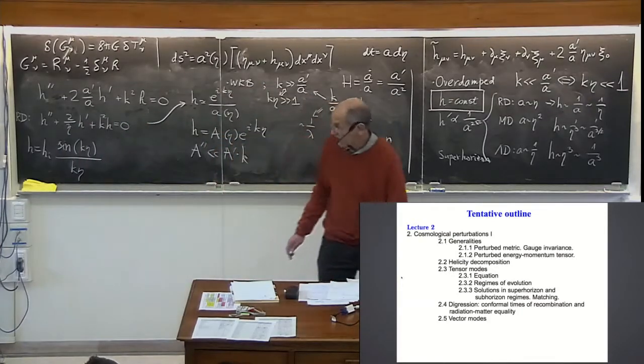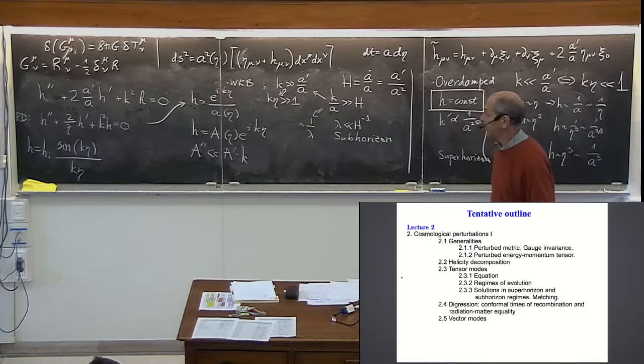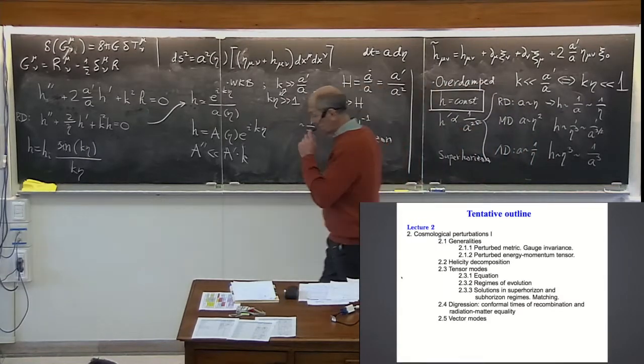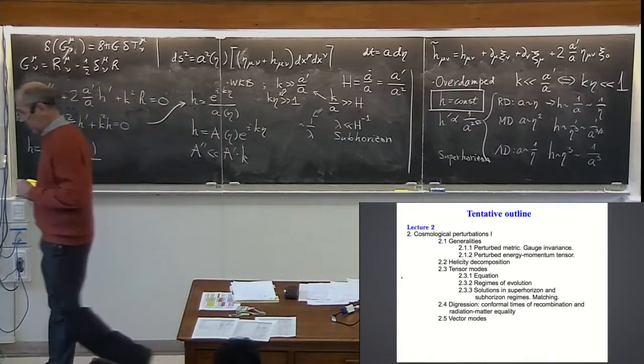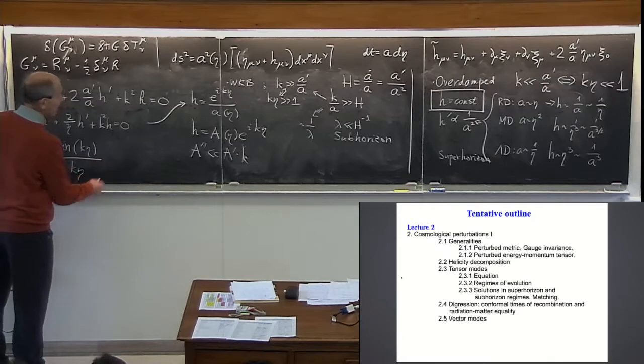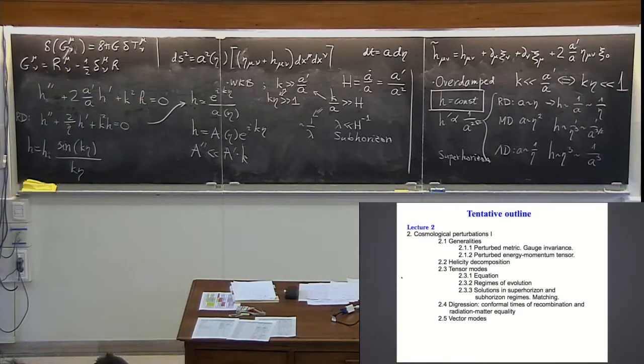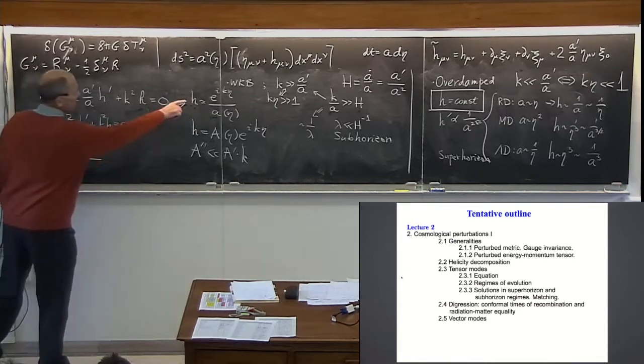And then, as my universe enters the matter-dominated stage, it goes like one over the scale factor. Eta is the scale factor at radiation domination, but then you have to match it to this solution at later times.